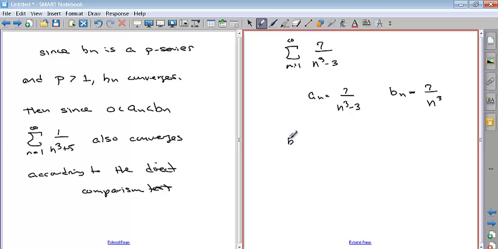and b sub n converges according to the p-series.